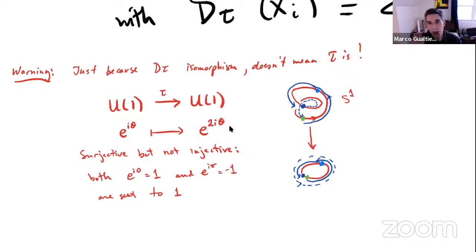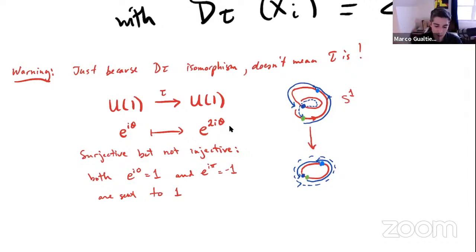So if you go around halfway, from this blue point to this green point, the blue point will be sent to a point down here, and the green point will be sent exactly to the same point. So obviously the derivative is just taking a tangent space to a tangent space, and that's an isomorphism. But the full map is not an isomorphism. It's surjective, but it's not injective.